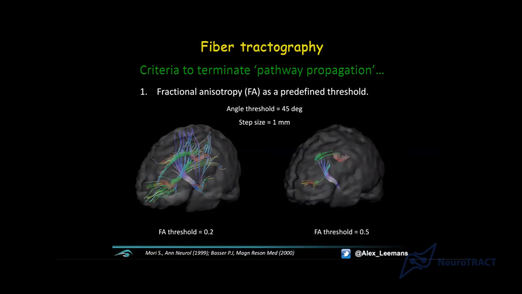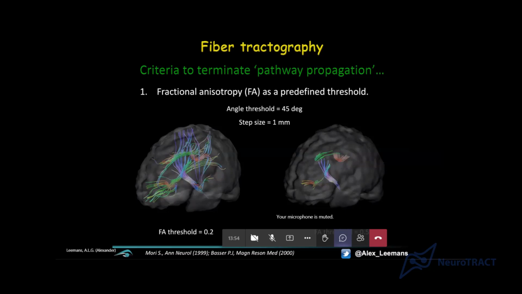So if your threshold is too high, you will end up with incomplete pathways or a lot of false negative pathways. Okay? So that's the first take-home message. The FA threshold serves a purpose to balance between allowing false positive pathways and false negative pathways. Okay?